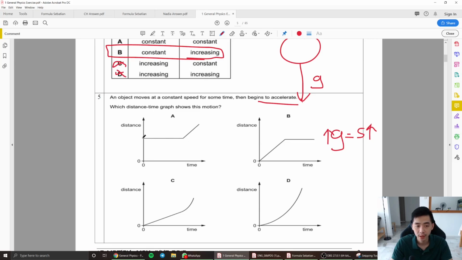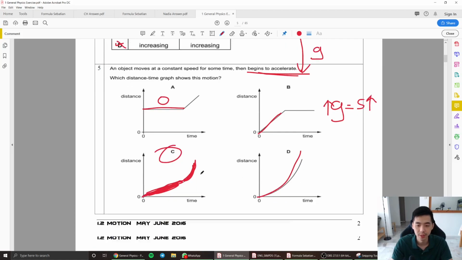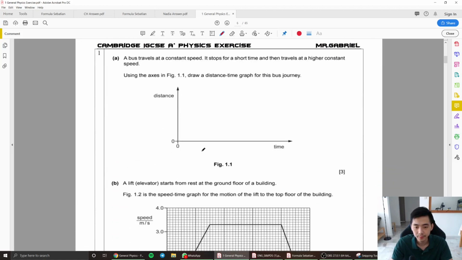Looking at this here, zero gradient is zero speed, constant gradient is constant speed, constant gradient then increasing gradient means constant speed, then increasing speed. Then here it's just all the way increasing speed, in other words all the way acceleration. But in this question, since it has to move at a constant speed for some time, then begin to accelerate, the answer should be C.